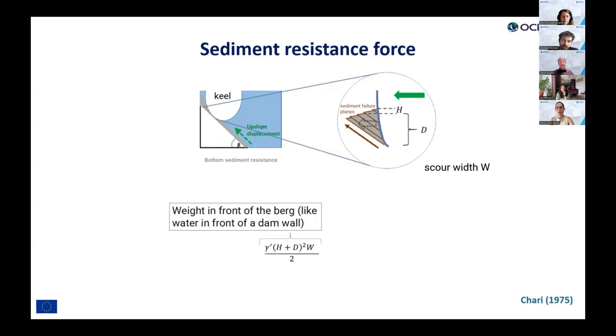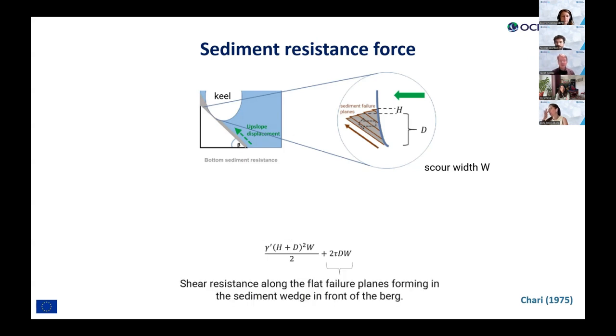These piled up sediments, these wedges that form, are not consolidated yet, and their weight pushes back against the keel of the iceberg, similarly to the weight of the water in front of a wall in a dam. This weight is proportional to the density of the sediment and also to the dimensions of the scour.